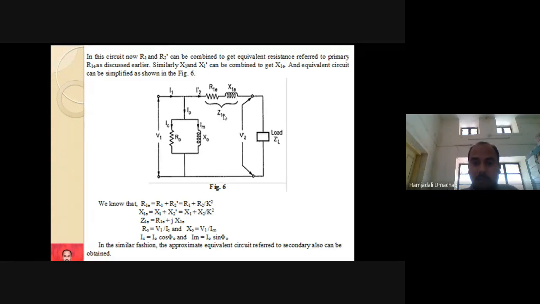X is the square root of Z1E square minus R1E square. Altogether, these three values you are getting from the short circuit test, whereas the other values you are getting from the open circuit test.